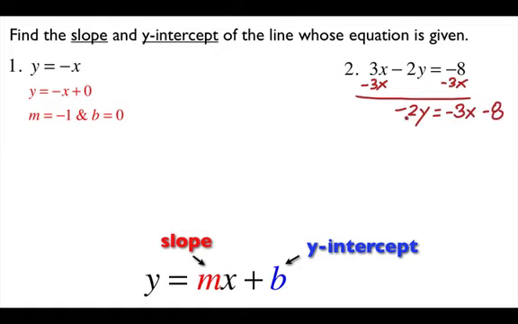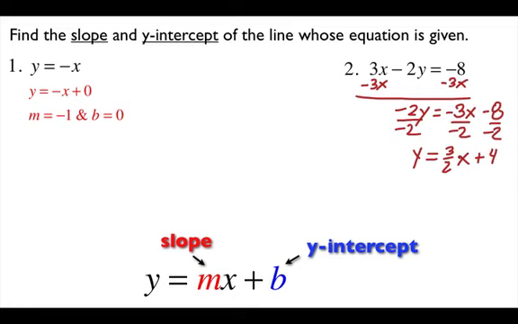At this point, I don't want the negative 2 in front of the y. It's a multiplication, so I'm going to divide the first term and the second term by negative 2. At this point, I have y equals, negative divided by negative is positive, so it's 3/2 x plus 4.